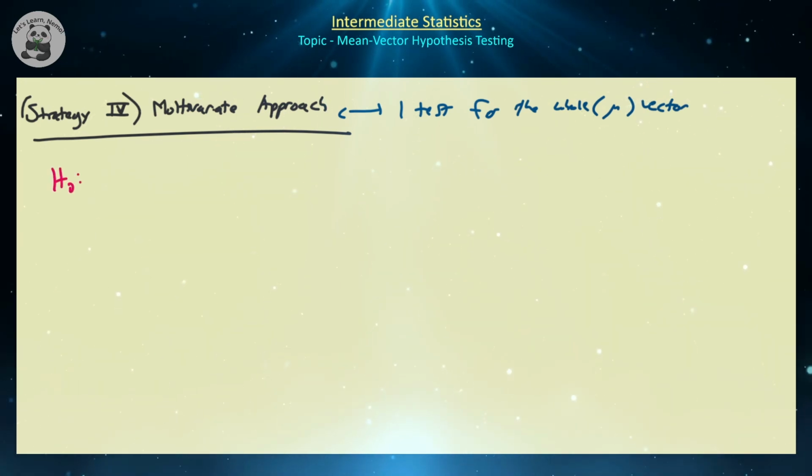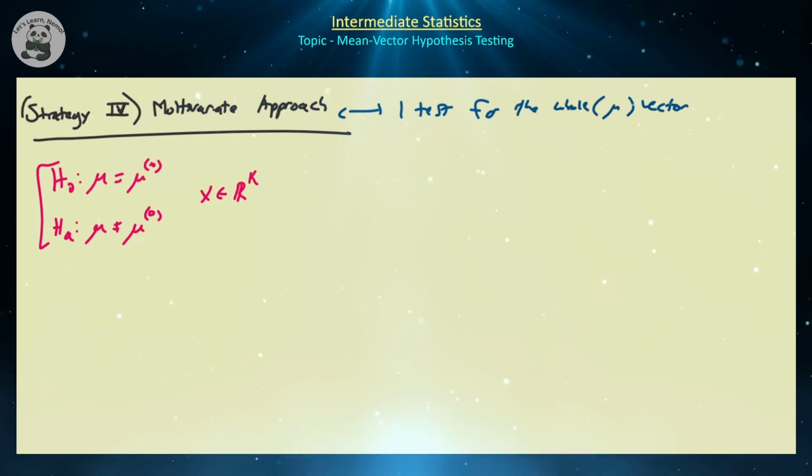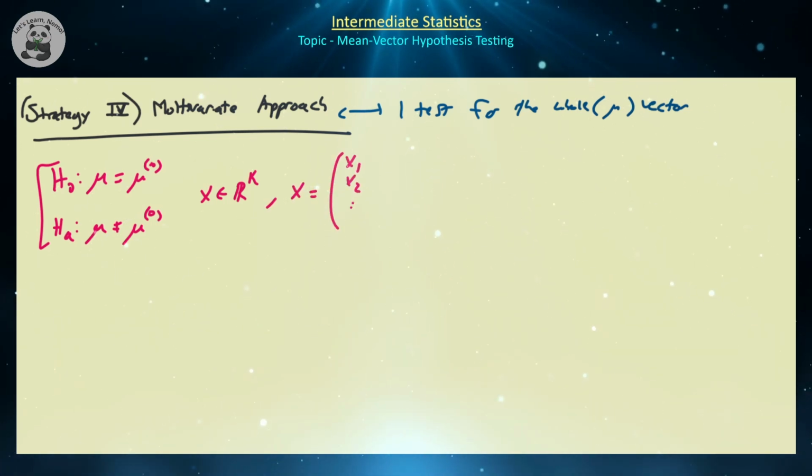So let's just review what we're working with here. We have mu is equal to mu0, where mu and mu0 are both vectors, and let's assume that we're working with the two-tailed alternative, that mu is not equal to that mu0 vector. And let's assume that x is going to be a multivariate vector belonging to Rk with k features. In particular, x is going to be of the form x1, x2, down to xk.